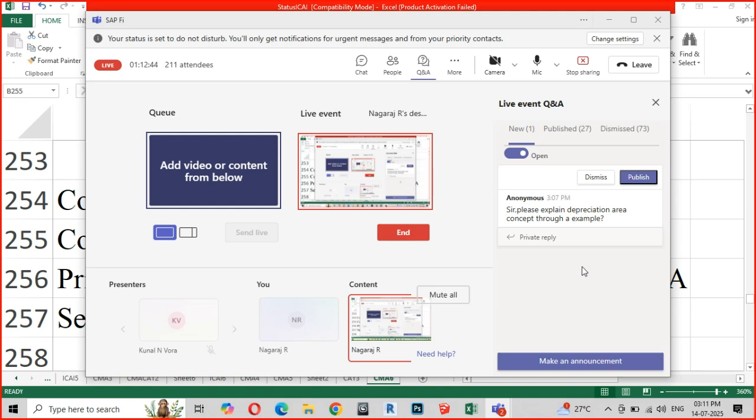Okay. So what is a depreciation area? Now, the function of depreciation is only one. Correct? Now, what are the reasons for which I want this information? So providing depreciation is one of the basic requirements of your company's law.